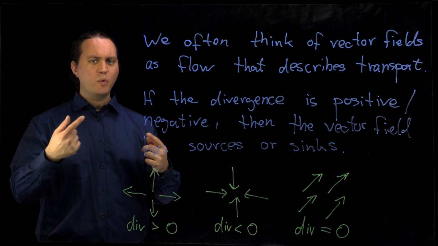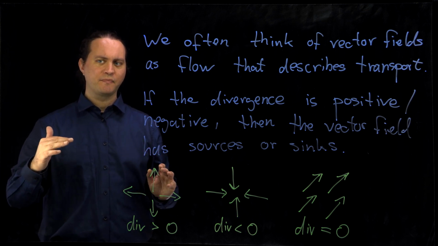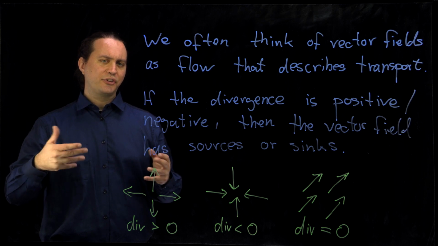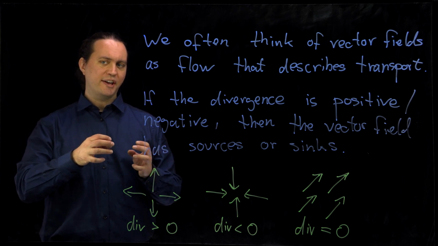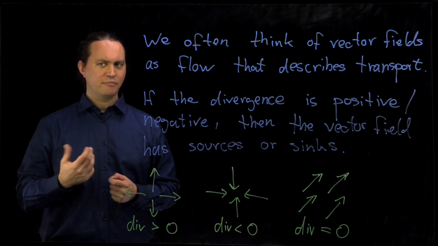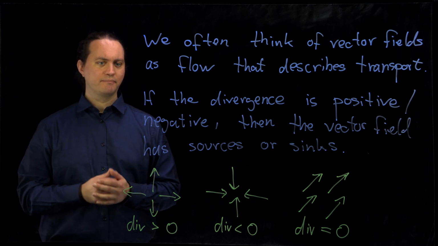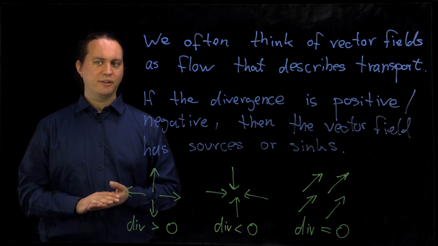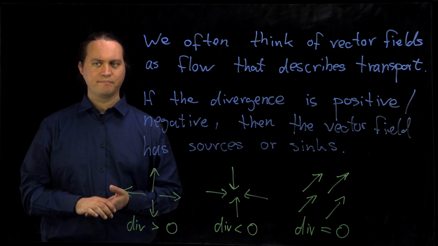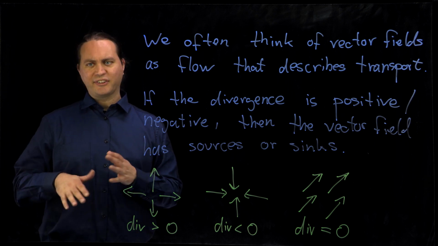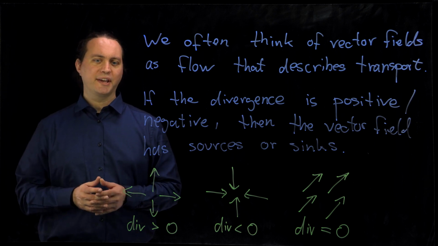Similarly, if anywhere the divergence is negative, then this will describe a sink of water. So somewhere water is being drained from the river at some point. Again, naturally or artificially. Typically in a river, the flow vector field will just have zero divergence. And of course, these things get a bit more complicated in the physics model.